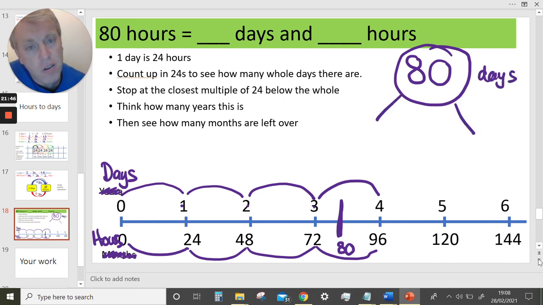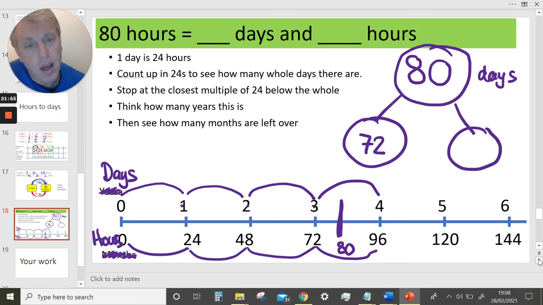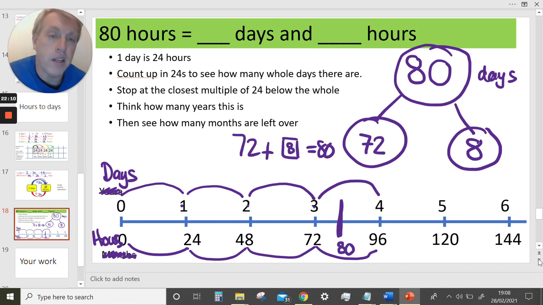The nearest multiple of 24 is 72. But 72 add how many makes 80? Well, this other part must make the whole. 72 add 8. So 80 hours is 3 days and 8 hours.